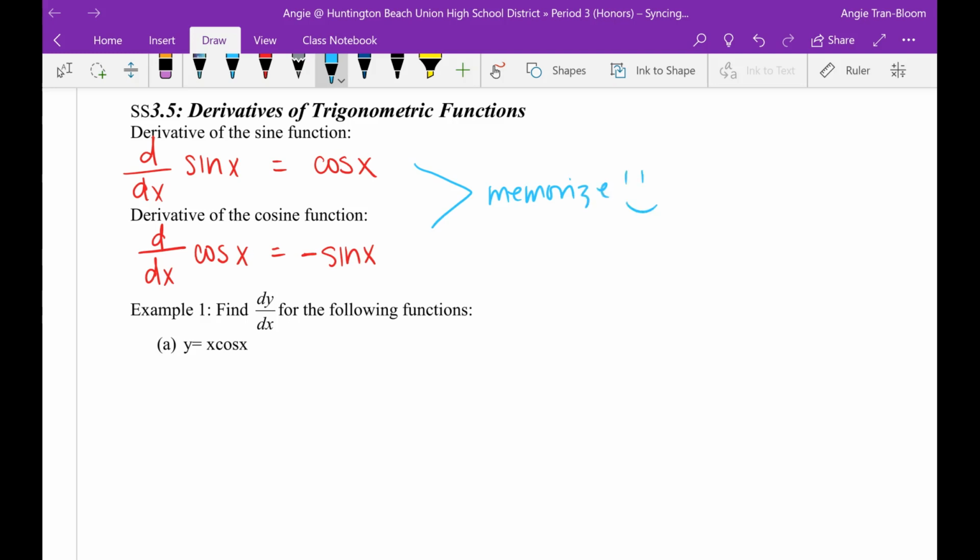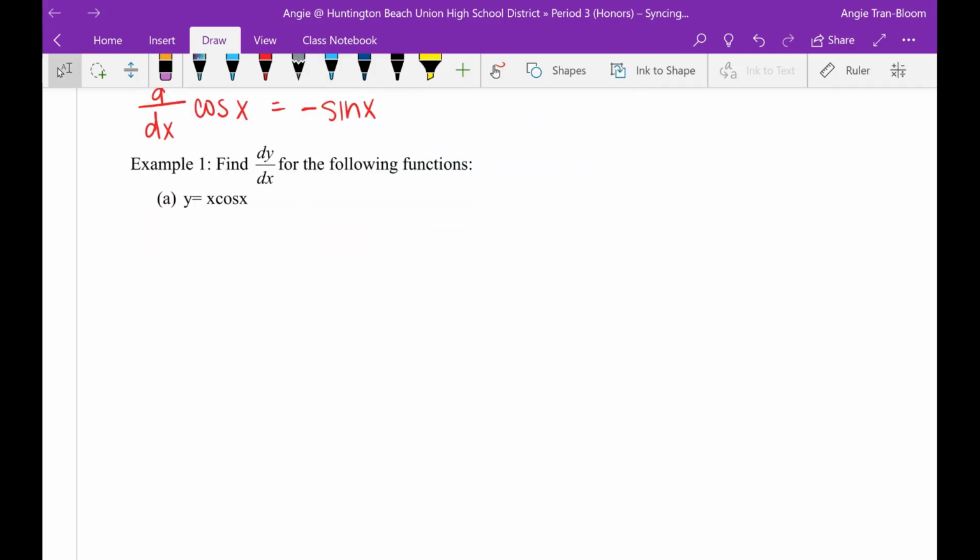All right, now example 1. Find the derivative of y with respect to x for the following. The first one, you're given y equals x times cosine of x. I'm going to use the product rule. I'm going to let u be x, and v be cosine of x.